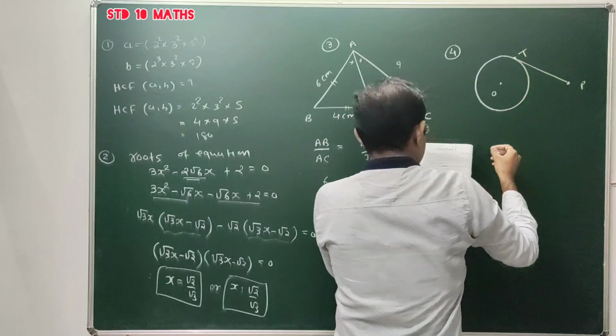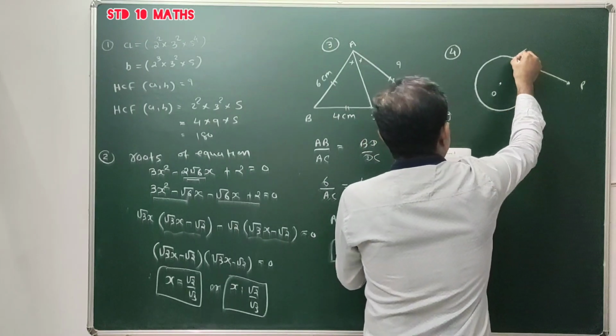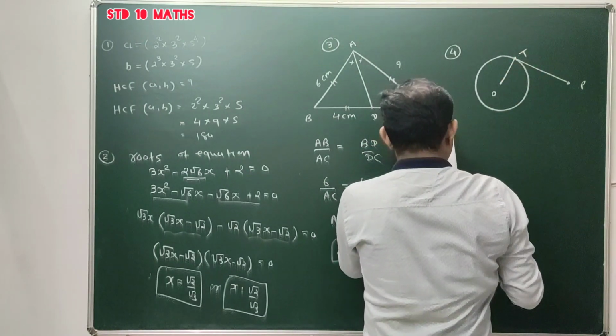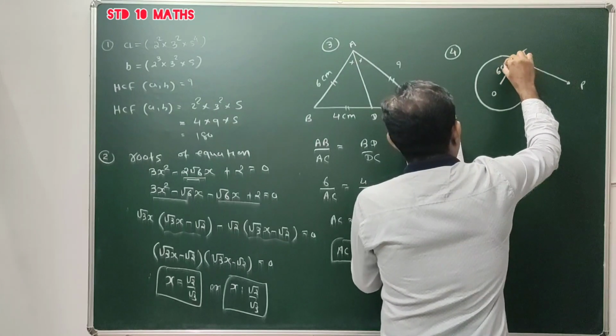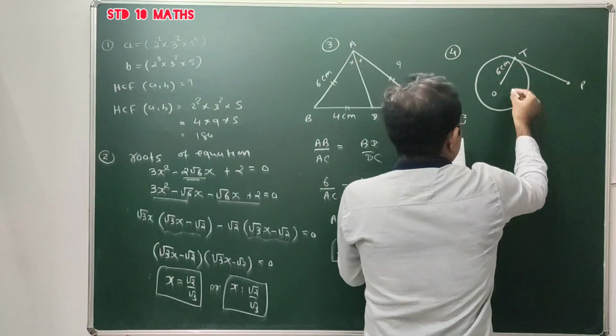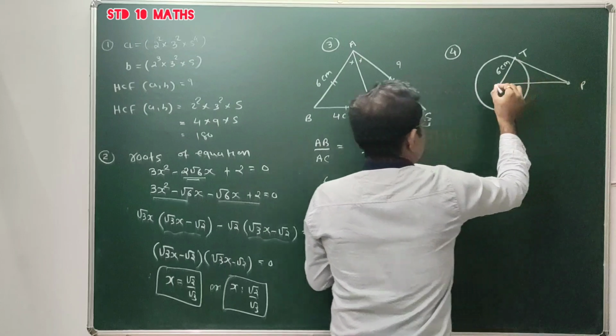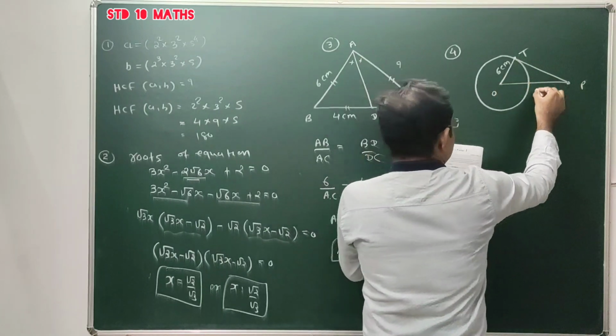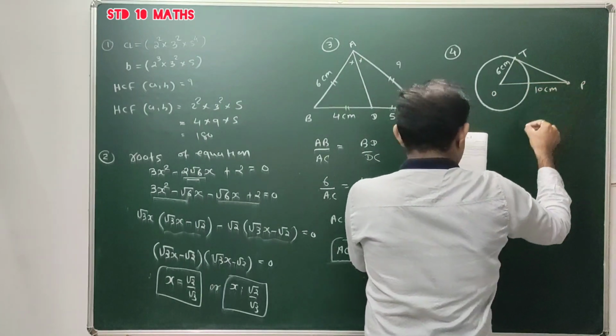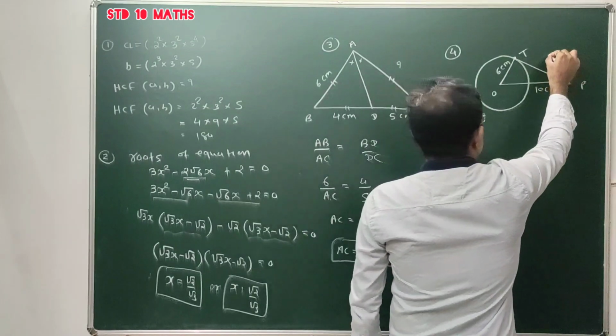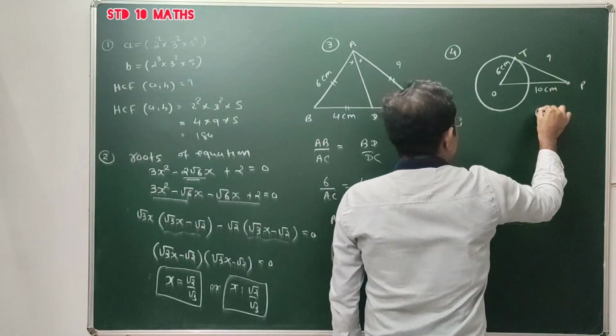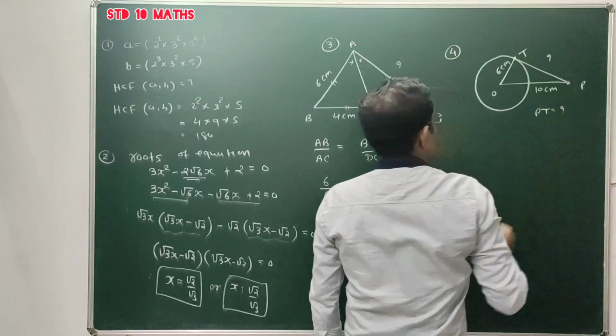This is PT, and this OT is the radius of the circle, which is equal to 6 centimeter. And the distance of this exterior point from the center of the circle is 10 centimeter. So here find the length of the tangent. The length of the tangent is nothing but PT, that we have to find.